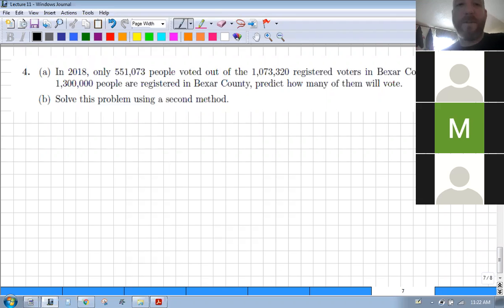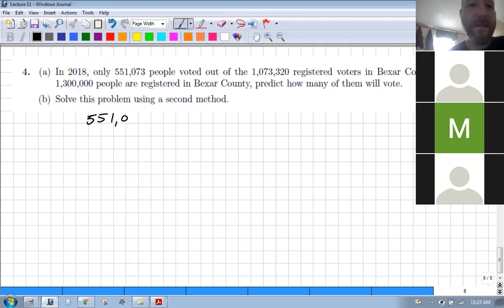All right, we can do this with proportions, right? 551,073 out of 1,073,320. That's the ratio of people that vote, comparing that to how many out of this many.